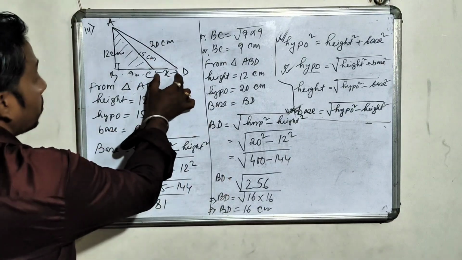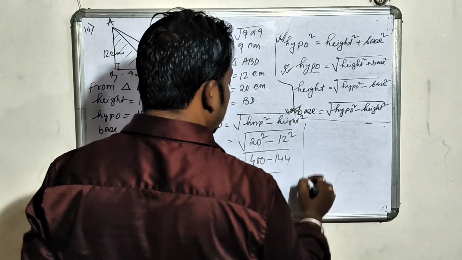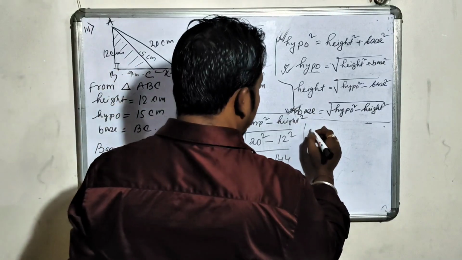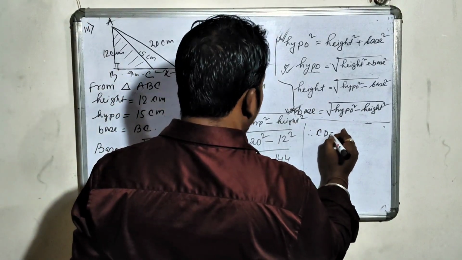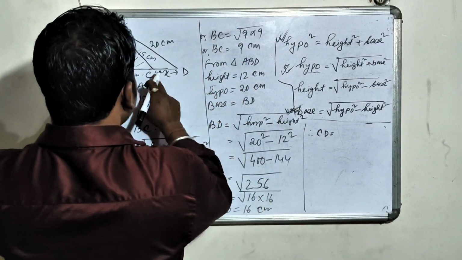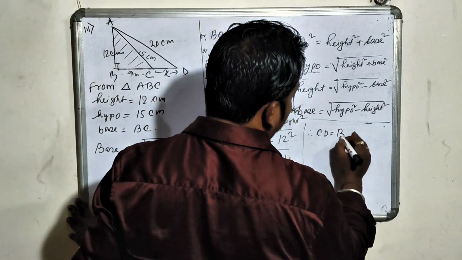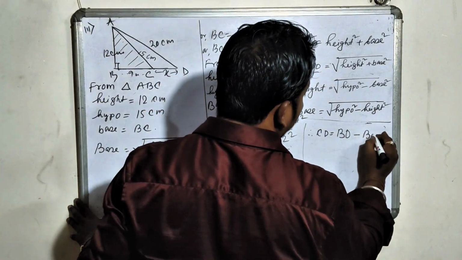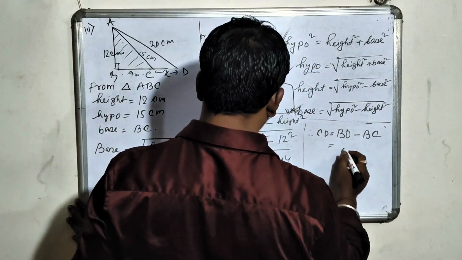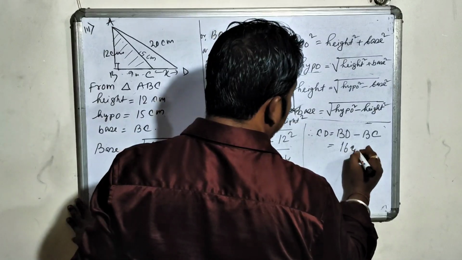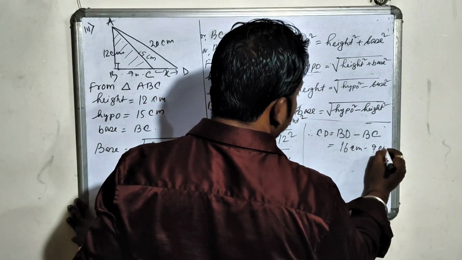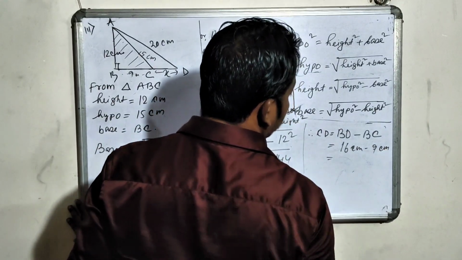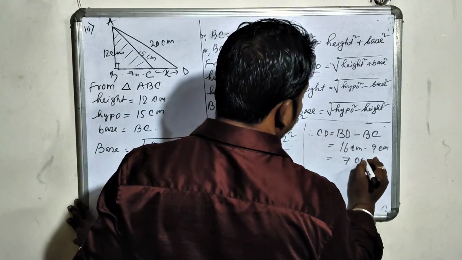Now we have to find out the value of CD. Therefore CD equals to BD minus BC, that is 16 centimeter minus 9 centimeter, 7 centimeter.